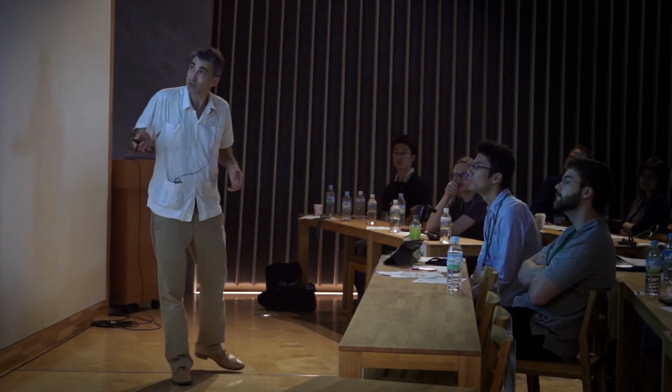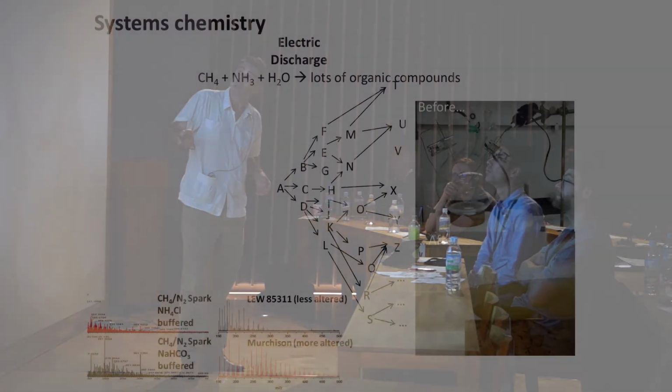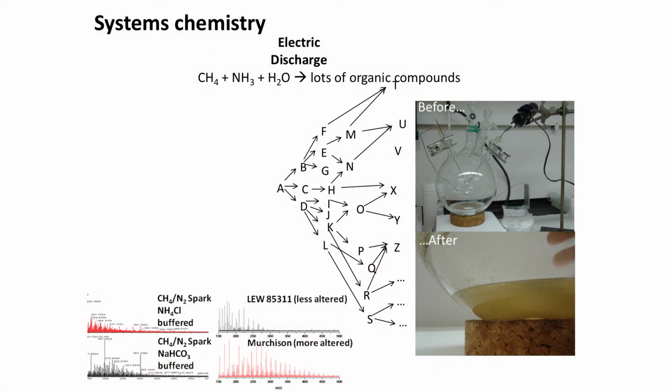Another example, this is something you can do in the lab. If you put some simple gases like methane, ammonia, and water in a flask, and we pass a little electric discharge here, so there's an electric discharge generator, it's a spark simulating lightning. After a couple of days, that gas gets turned, again, into a very, very complex mixture of organic compounds, right?